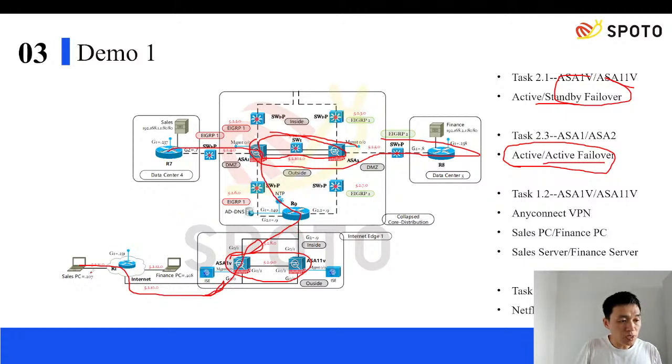This is about the sales PC, and this one is about the finance PC. So they will access their servers individually, and we will deploy AnyConnect VPN between the clients and the virtual ASA.